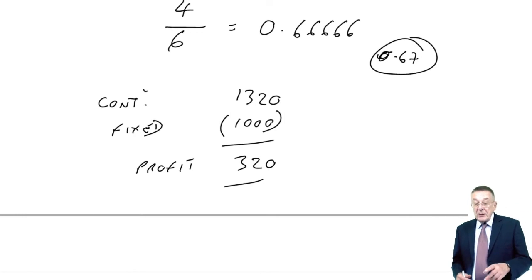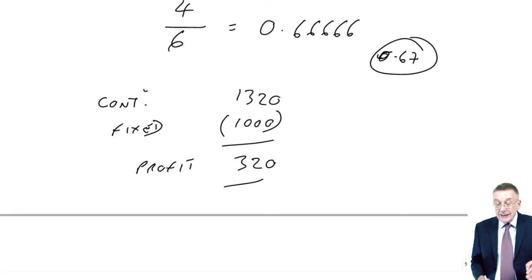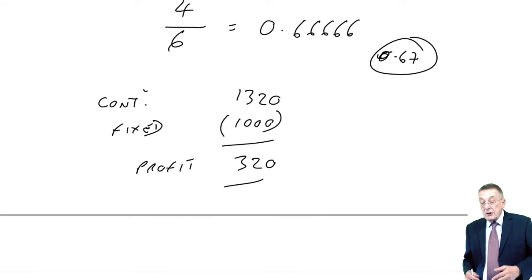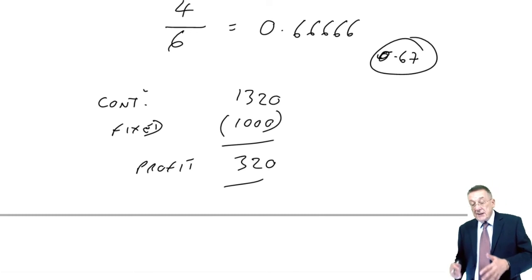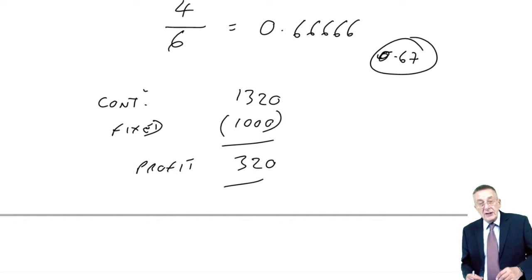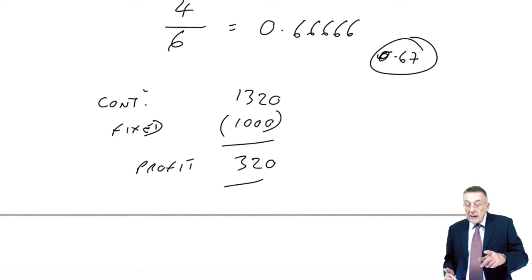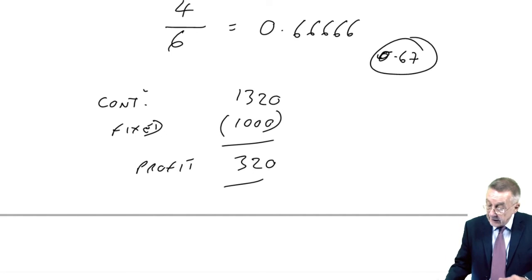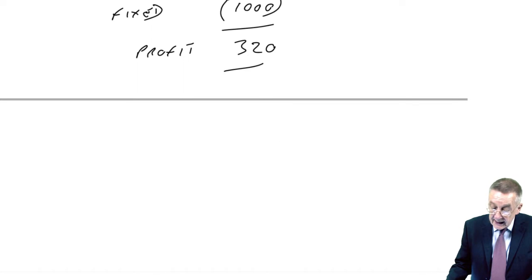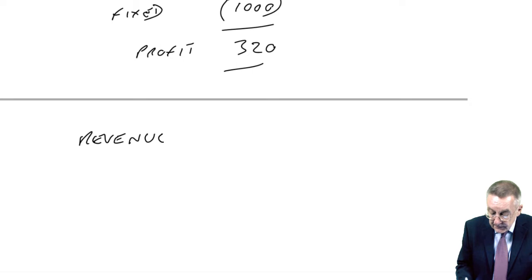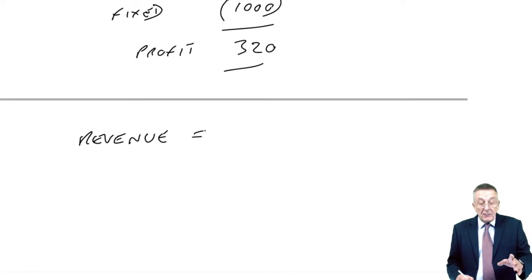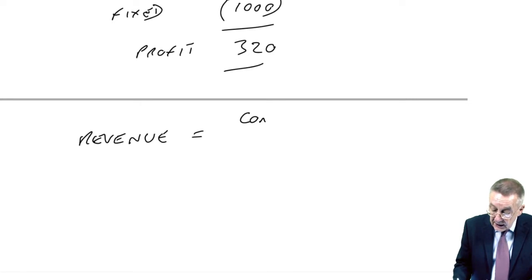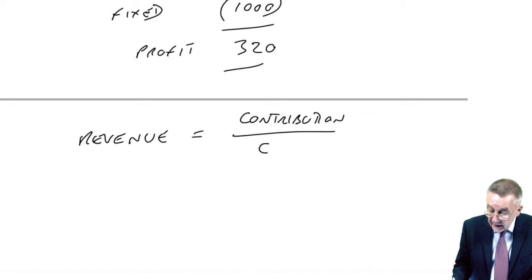Remember, the contribution is always, in this question, 0.6666666 times the revenue. And if the contribution is that times the revenue, surely it means the revenue must be equal to the contribution divided by the CS ratio.